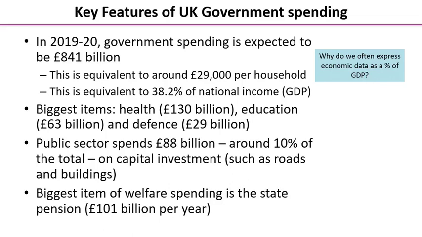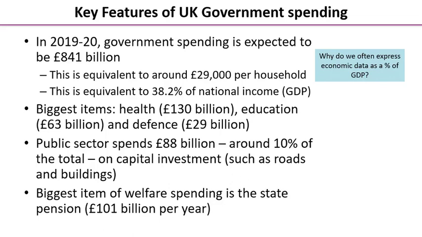So what we need to do is express the total amount as a proportion of GDP to help us get a sense of scale of the importance of the spending. We express all sorts of economic data as proportions of GDP. It could be budget deficits, it could be trade balances and so on.